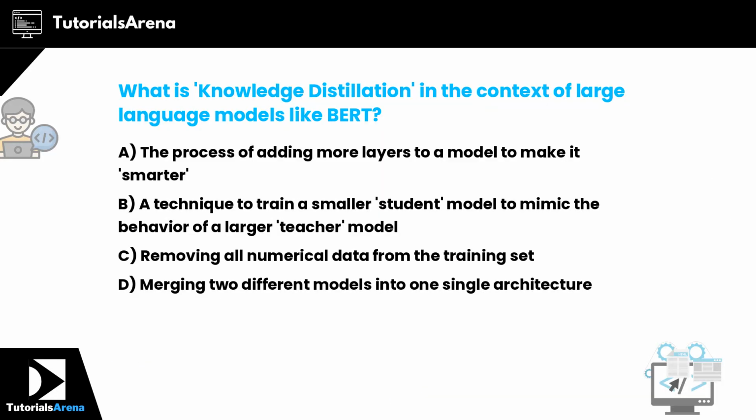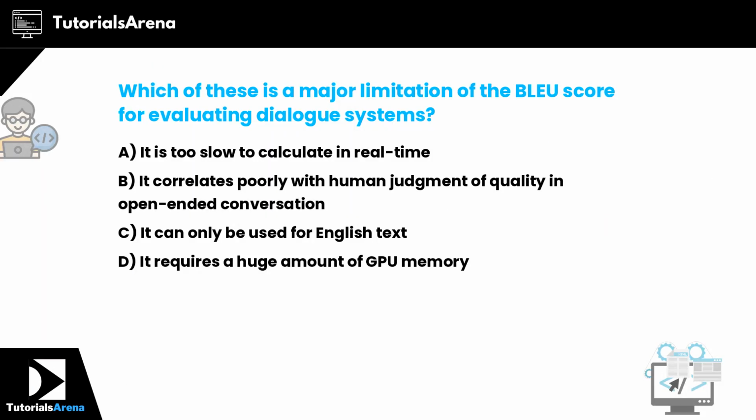What is knowledge distillation in the context of large language models like BERT? The correct answer is option B, a technique to train a smaller student model to mimic the behavior of a larger teacher model.